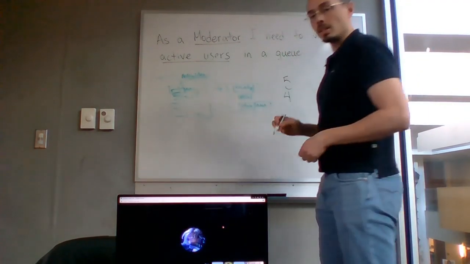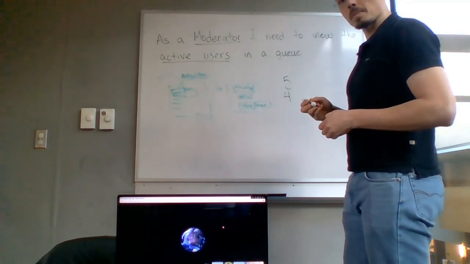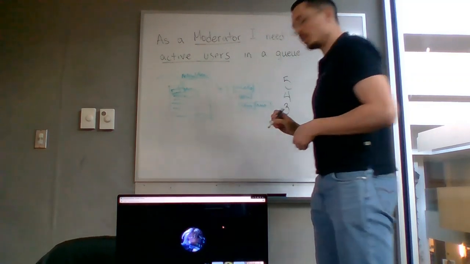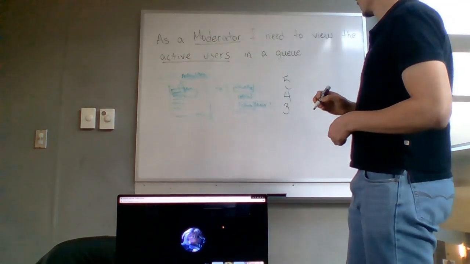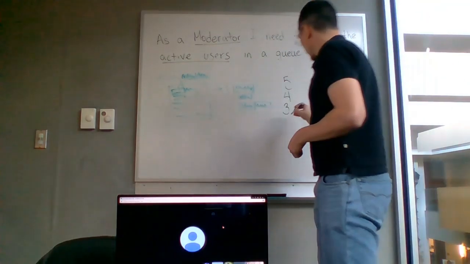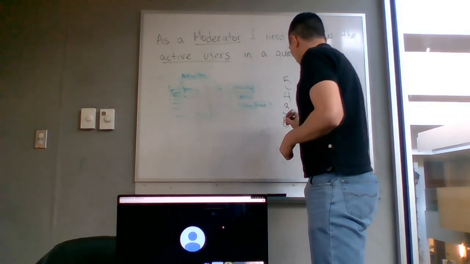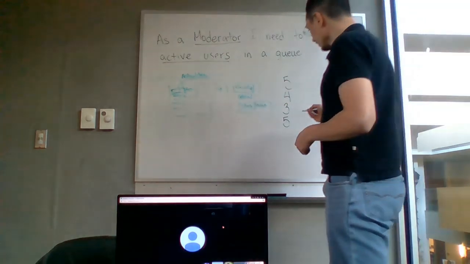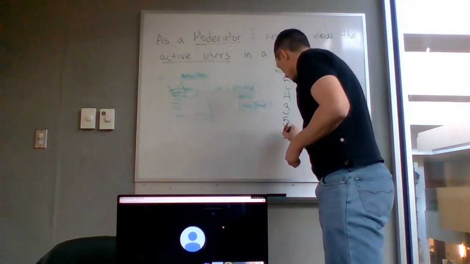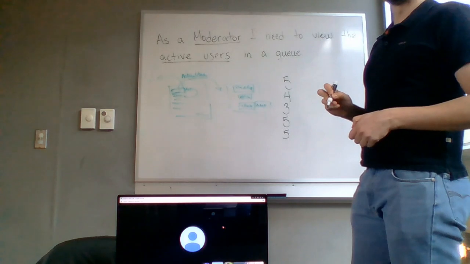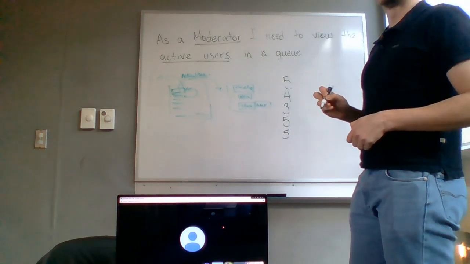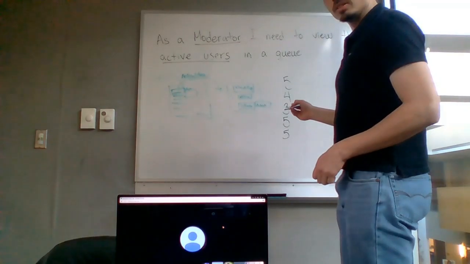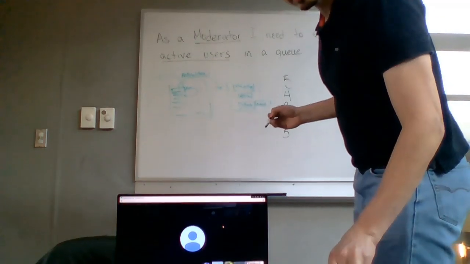Angelica? 3. And Sophia? 5. Sijo? 5. And Priscilla? 5? Yeah, okay.